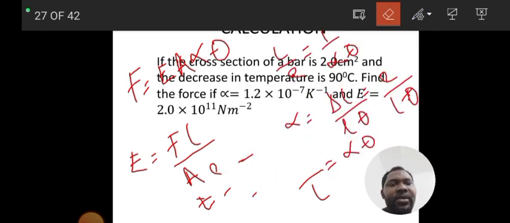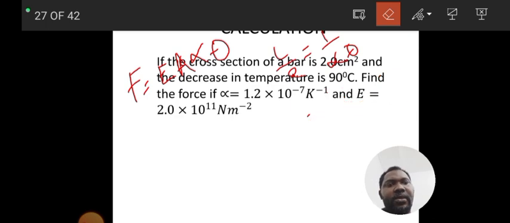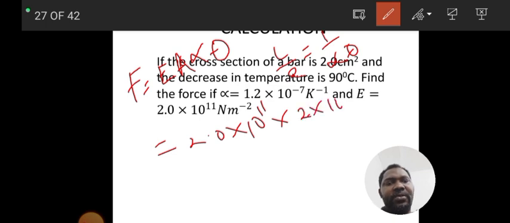Okay, so let's do a substitution quickly. Substituting, it means that the force is equal to Young modulus, 2.0 times 10 raised to the power 11, multiplied by area. We are given 2 centimeters square. We can convert that, which is 2 times 10 to the power minus 4 meters squared. Then we are given linear expansivity, which is 1.2 times 10 to the power minus 7.